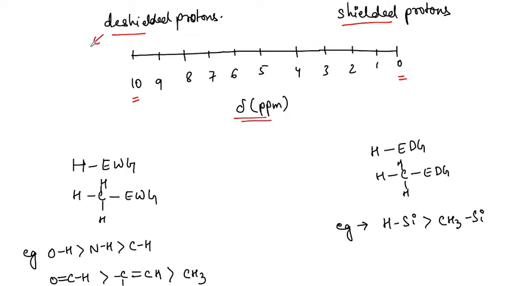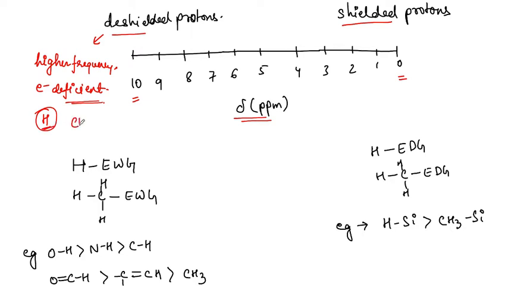The de-shielded protons are the ones which resonate at a very high frequency, and also they are electron deficient. We call protons the nuclei which have only one electron, right?